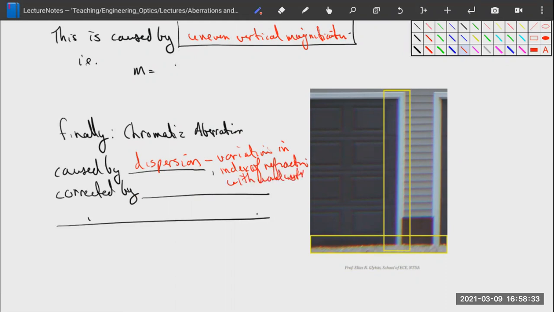And you guys actually saw this aberration in your second deliverable, right? When you were asked to say what would happen if we switched from a red LED to a blue LED. Well, the focal lengths of all your lenses would change, and so you have to change the distances just a little bit in order to correct for that.